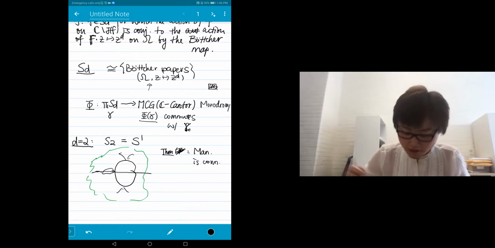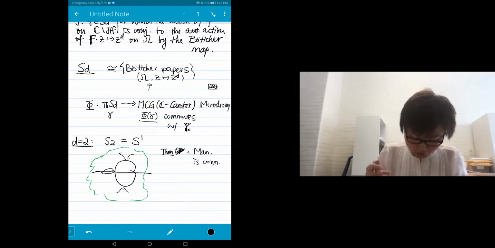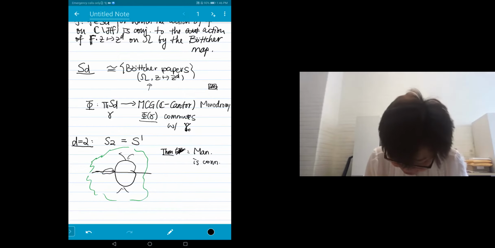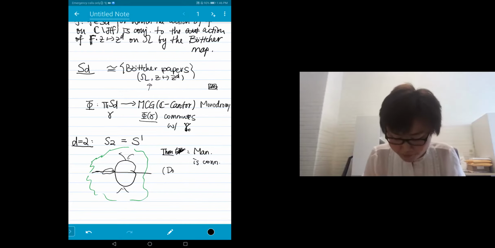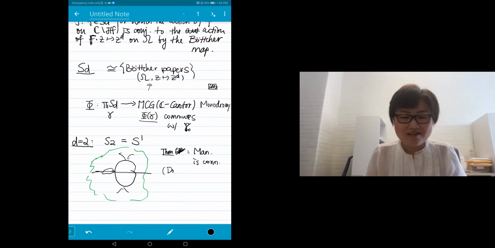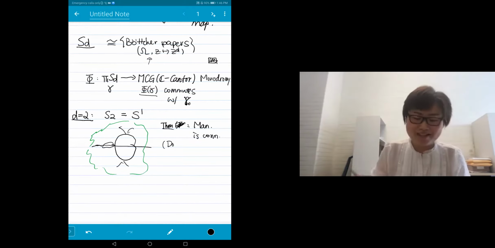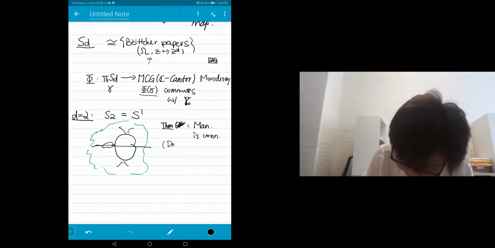So this is a circle, and its complement, which is the Mandelbrot set, is connected. This theorem is also proved by Douady and Hubbard. Anyway, this basically says in degree 2, the shift locus is very easy to understand.